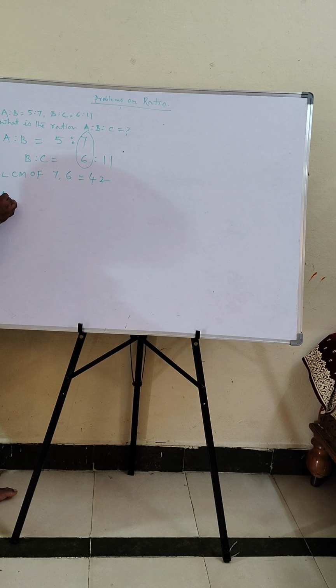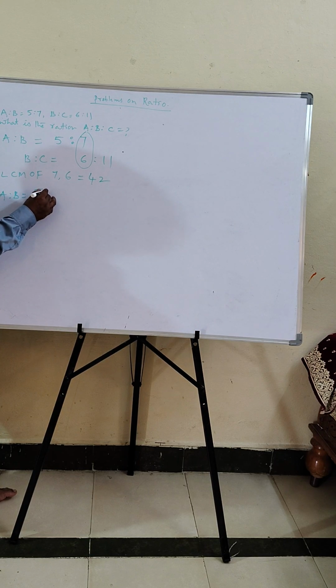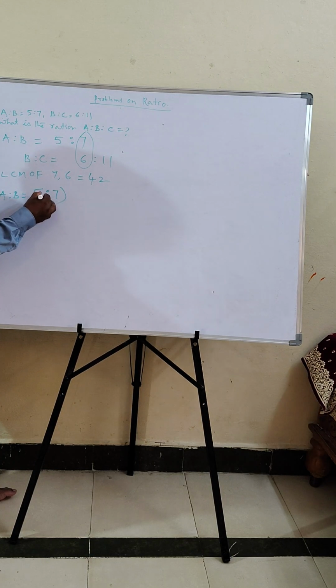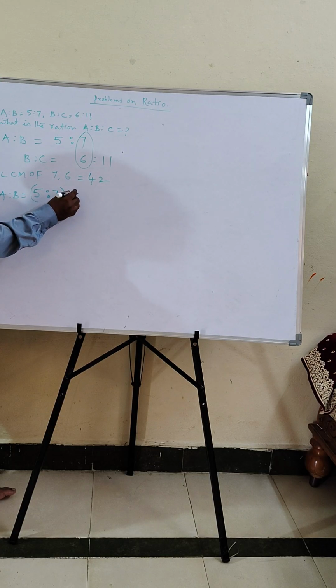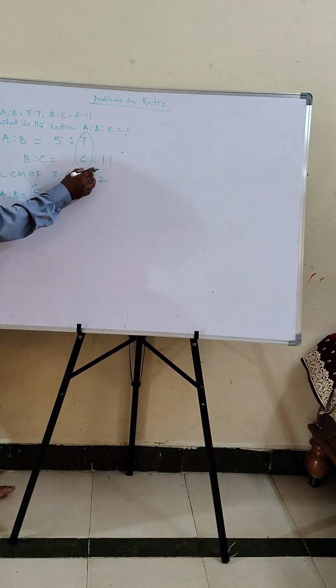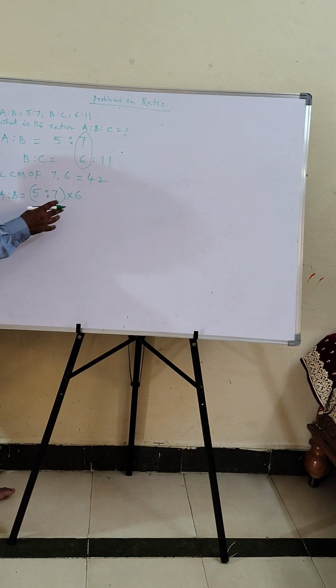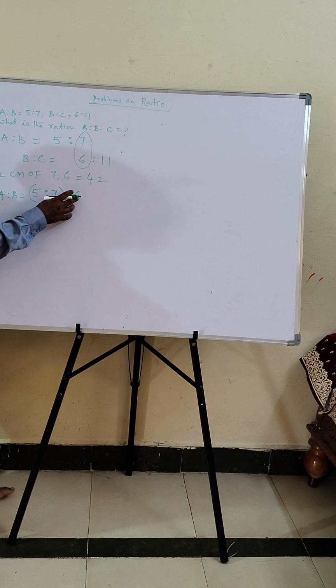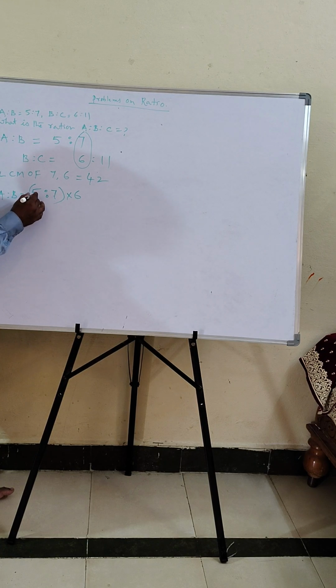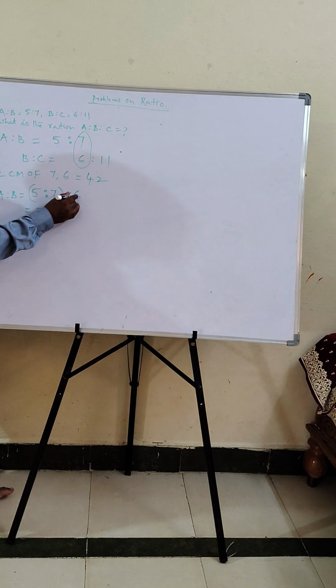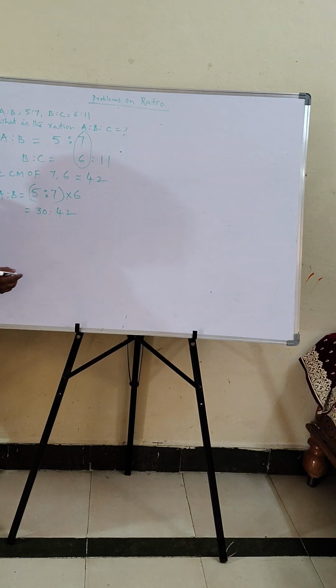Then A is to B equal to 5 is to 7, multiplied by 6, because 7 times 6 is 42. We get 6 5s are 30, 6 7s are 42.